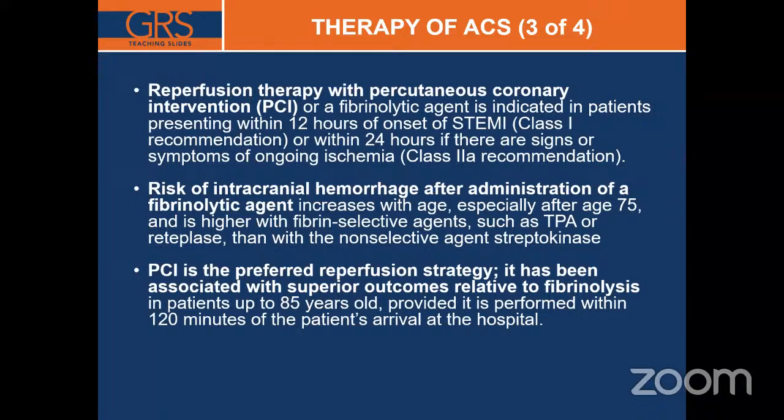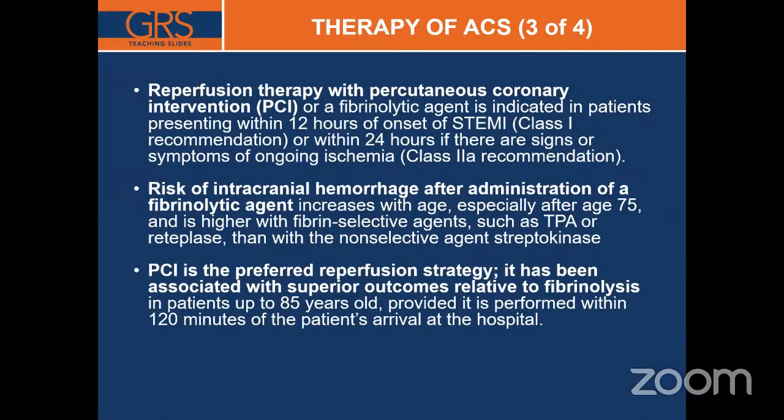Okay, fibrinolytic agents have a risk of intracranial hemorrhage, and this risk increases with age, especially after age 75. This is higher with fibrin selective agents like TPA or reteplase, and lower with streptokinase. PCI is the preferred reperfusion strategy.